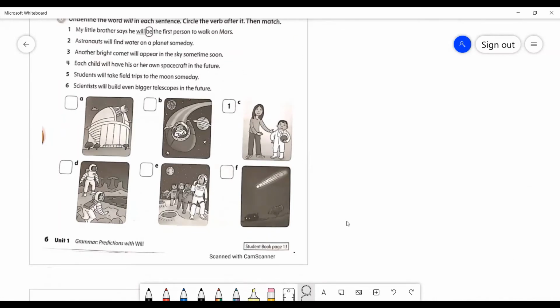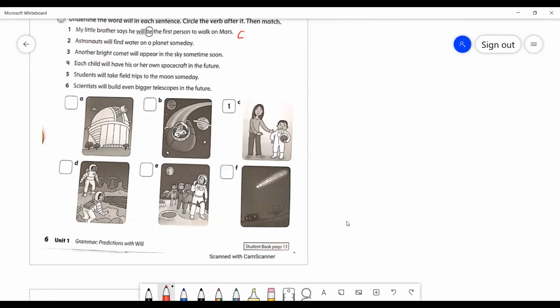So my little brother says he will be the first person to walk on Mars. So we have to match with it. So number 1 will be C.